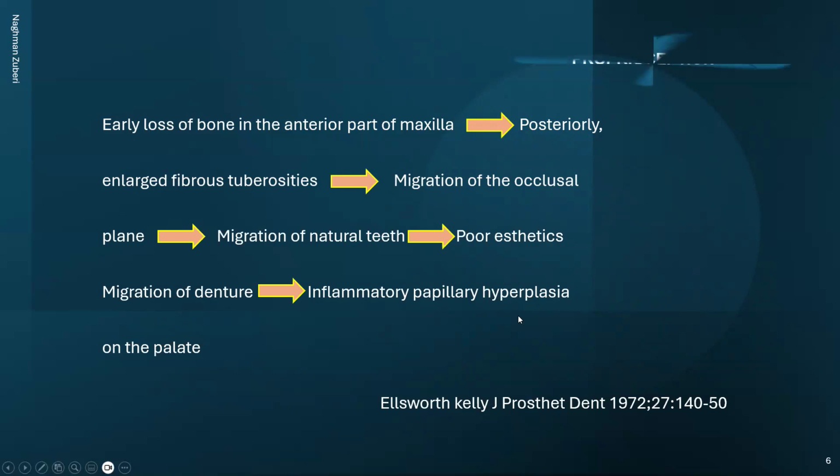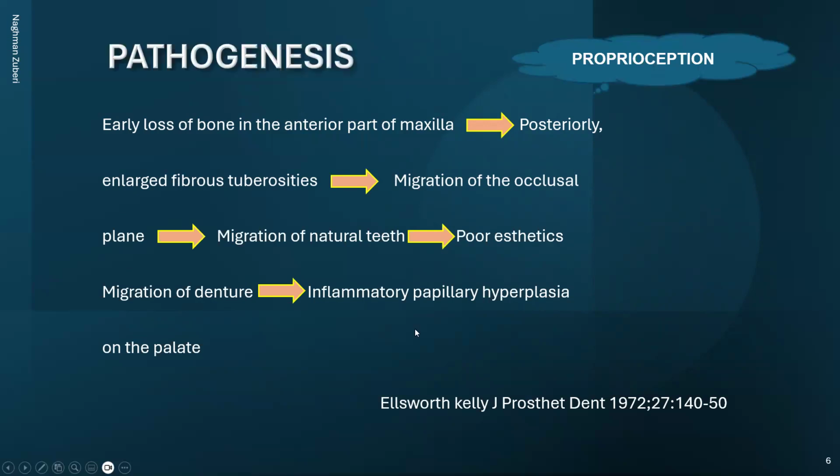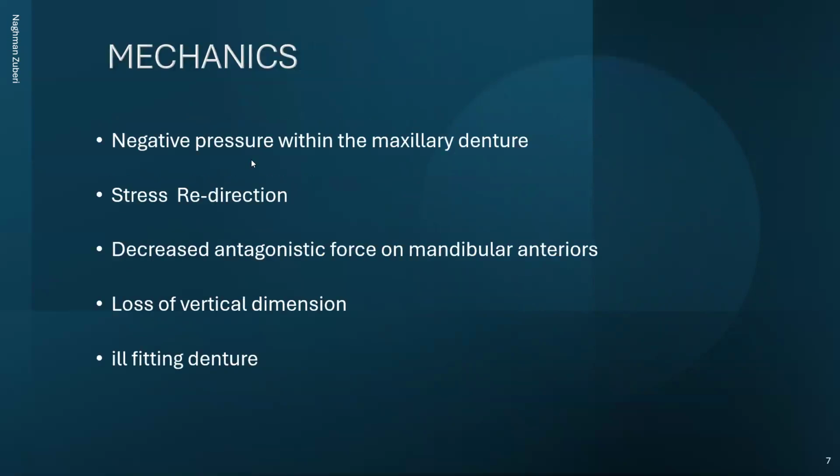The problem is lack of proprioception. The mechanics is negative pressure within the maxillary denture. There will be stress redirection, decreased antagonist force on mandibular anteriors, loss of vertical dimension, and the dentures will be ill fitting.